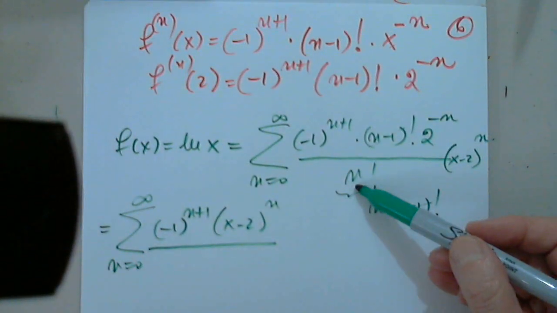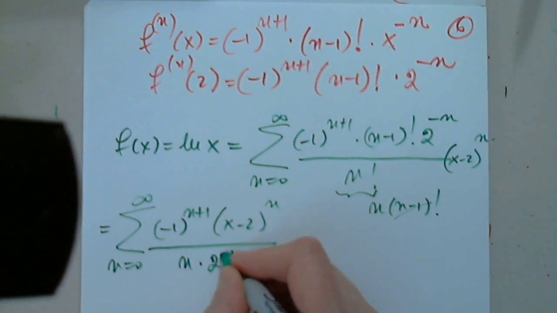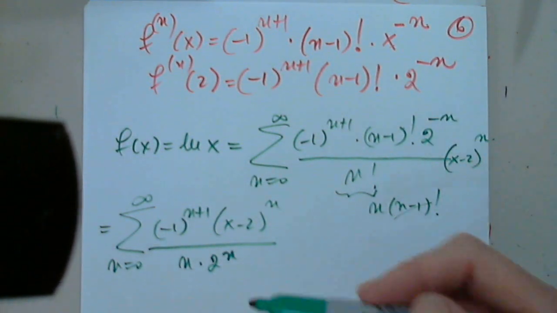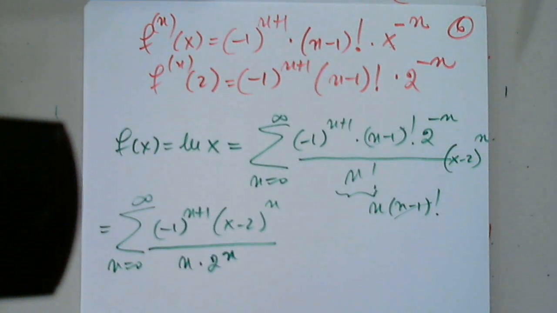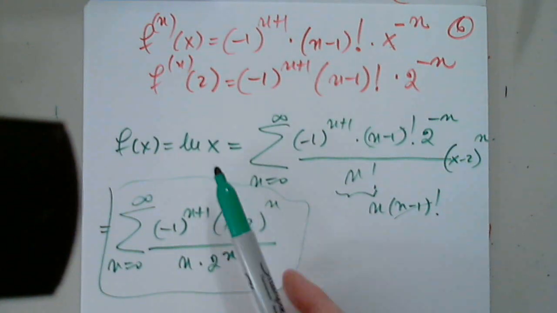There is still an n, and 2 to the n. Because it was negative here, it goes to the denominator as positive. So negative 1 to the n plus 1, x minus 2 to the nth power, over n times 2 to the nth power. So this is the power series representation.